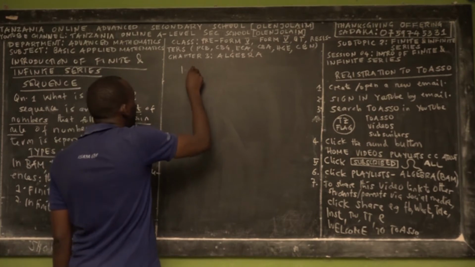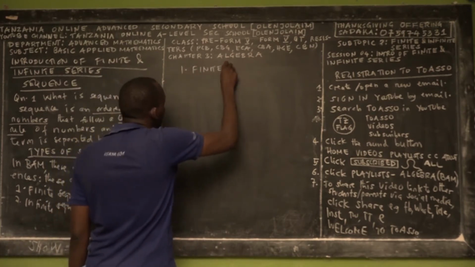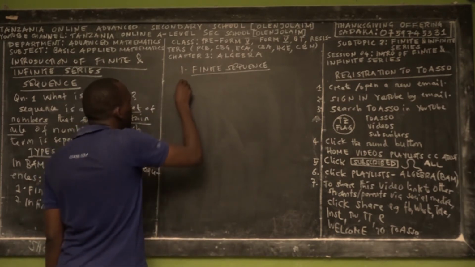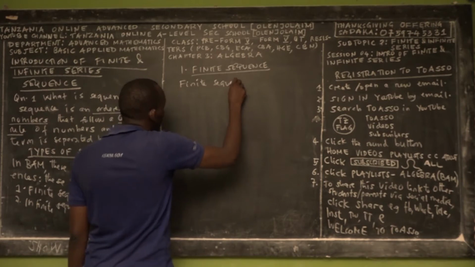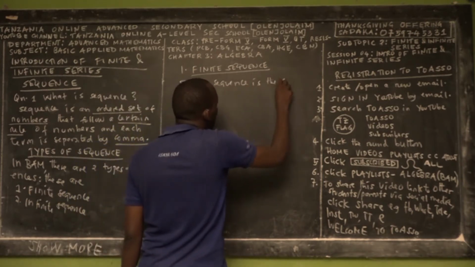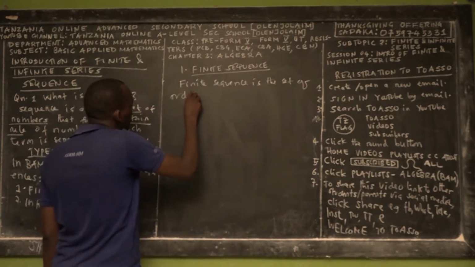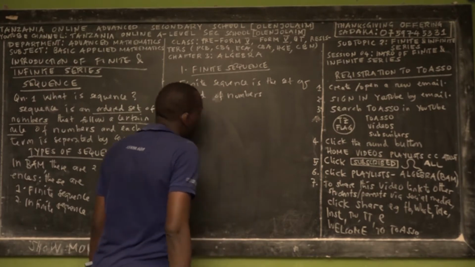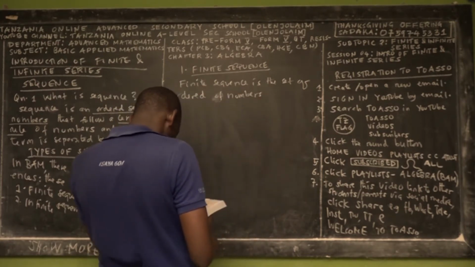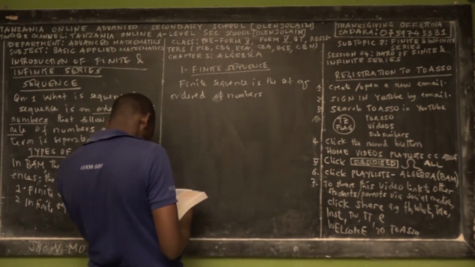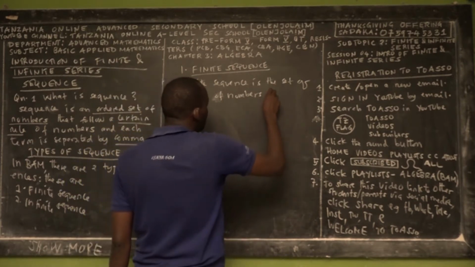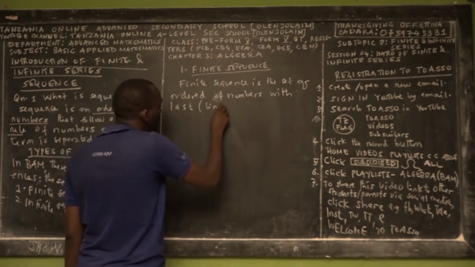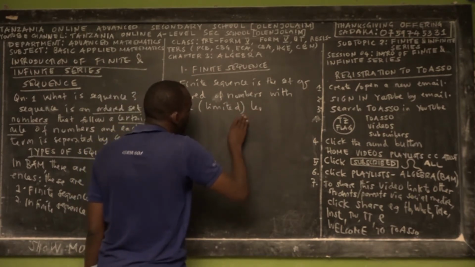Just to explain in short, a finite sequence is a set of numbers with a last term, or a limited number of terms.